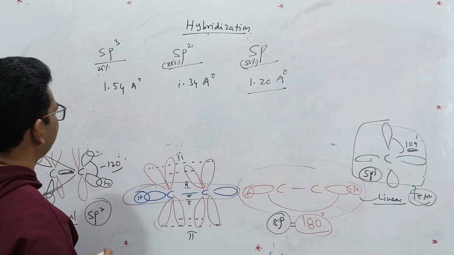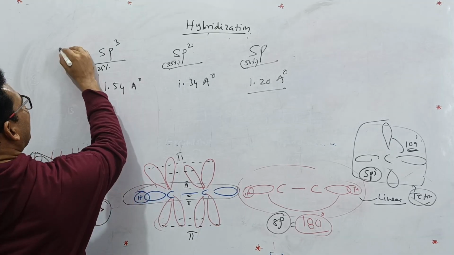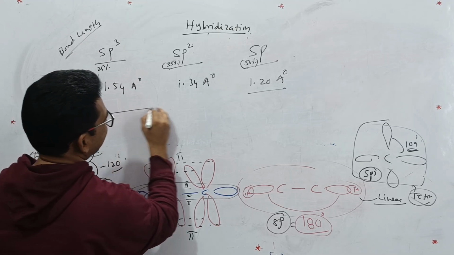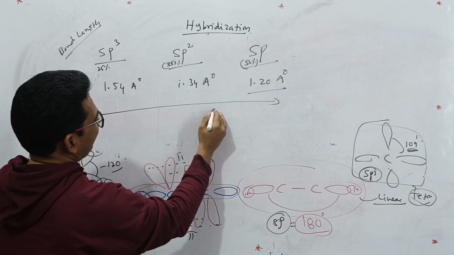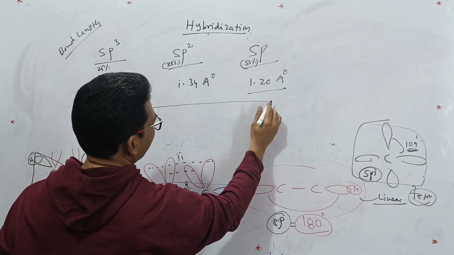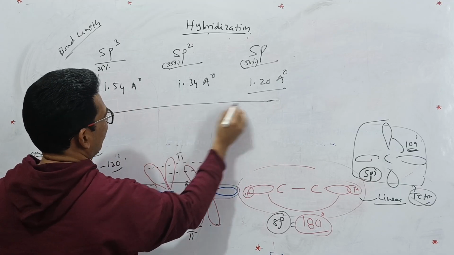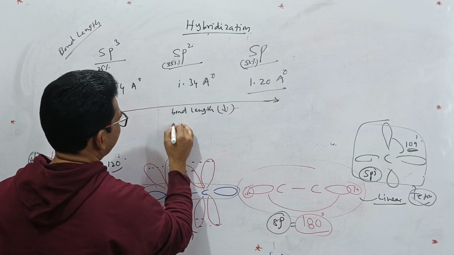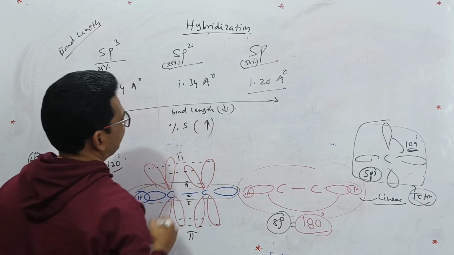What happened here? What about the bond length? Bond length decreases. Why does it decrease? See here, bond length decreases. Why? Percentage of S character increases.